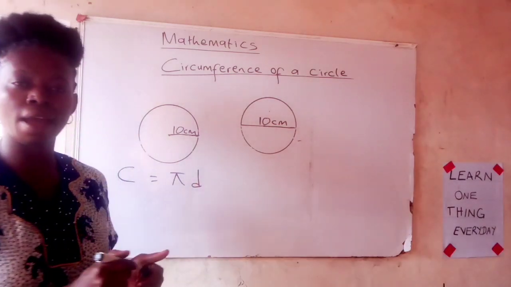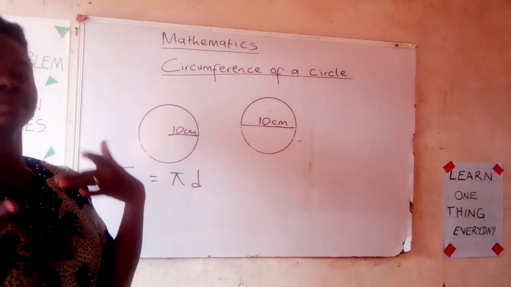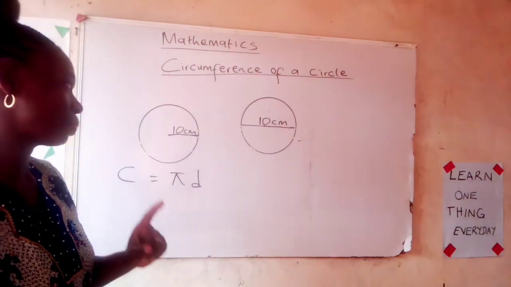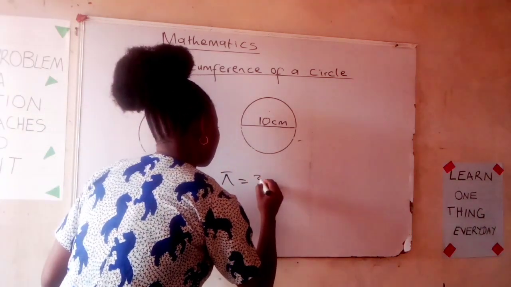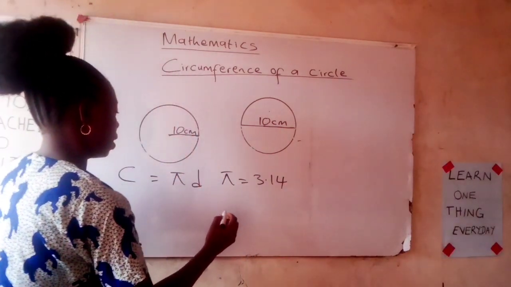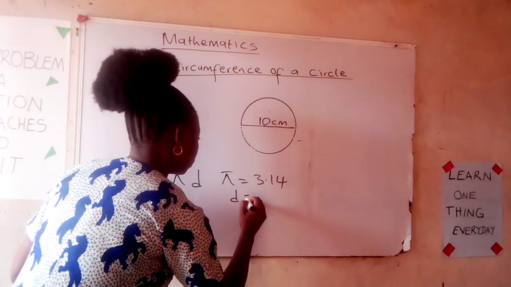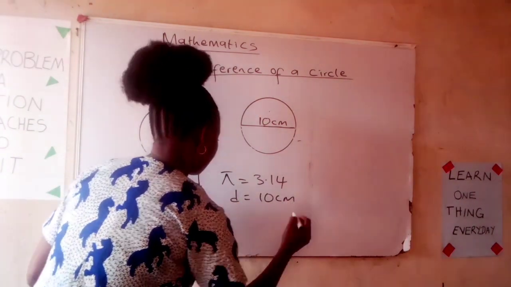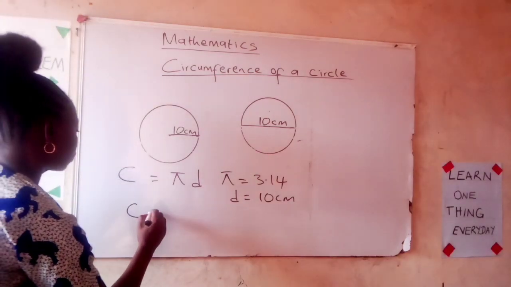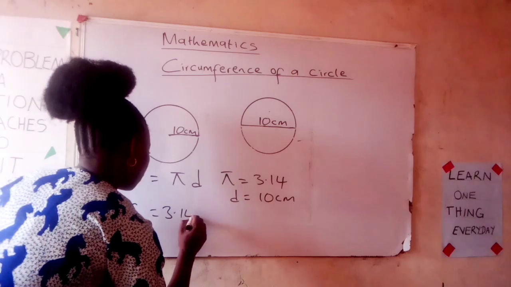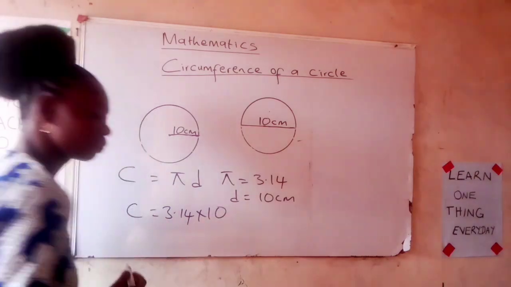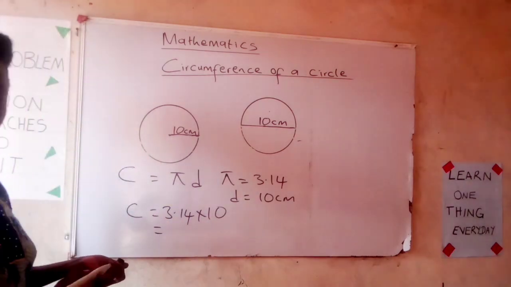We have our pi as 22 over 7 or 3.14, so I'm going to use 3.14. So pi is equal to 3.14 and d is equal to 10 cm. So our C is pi times the diameter, 3.14 times 10.